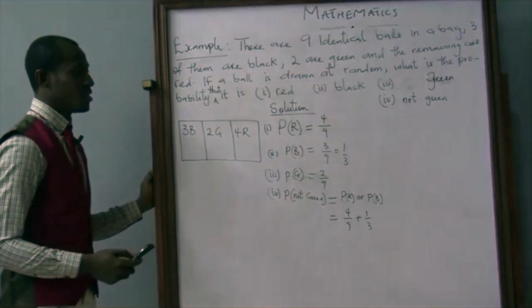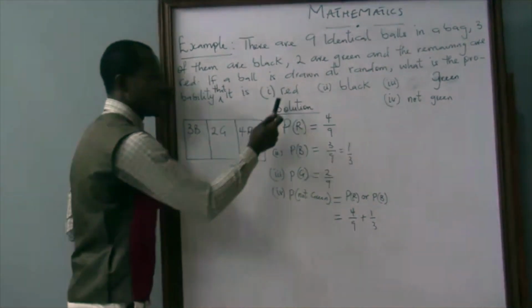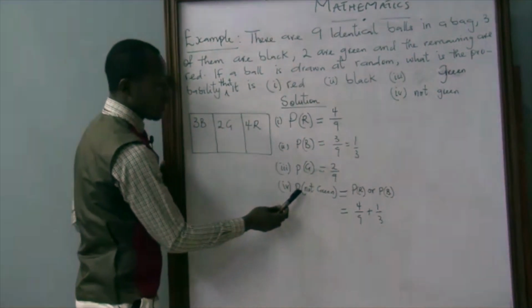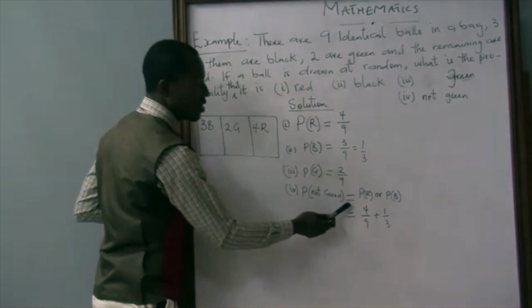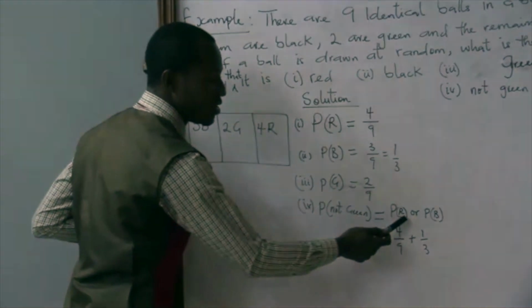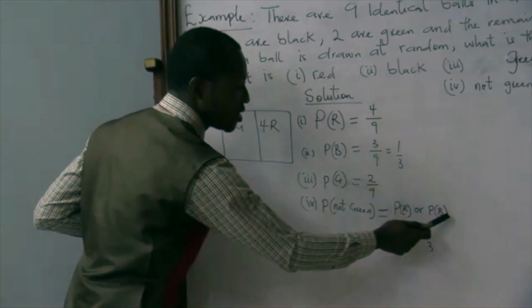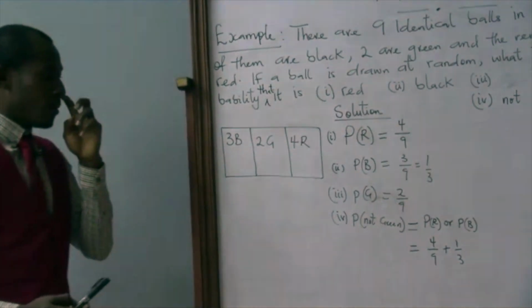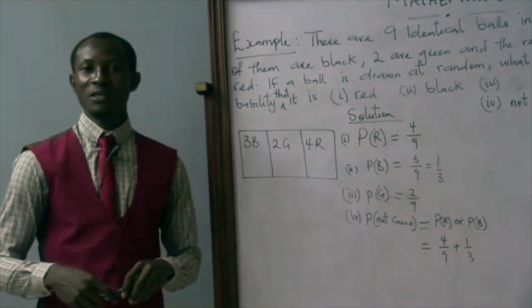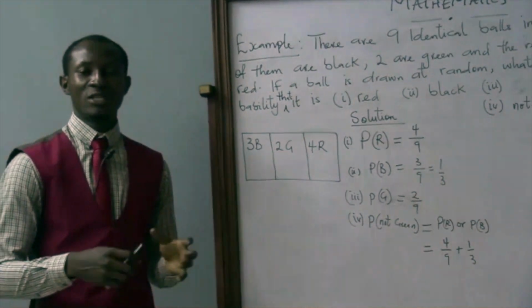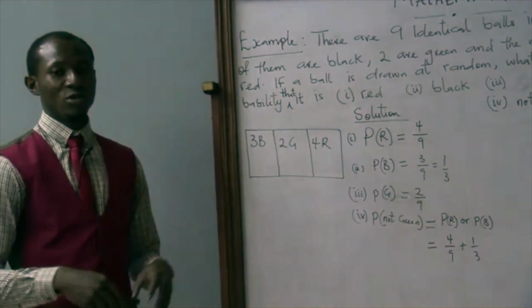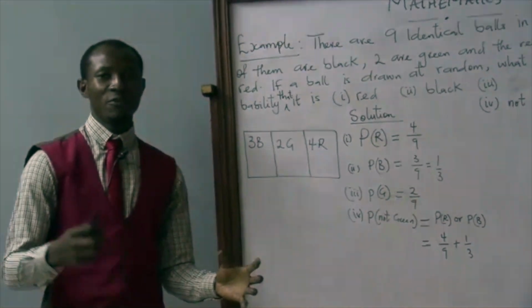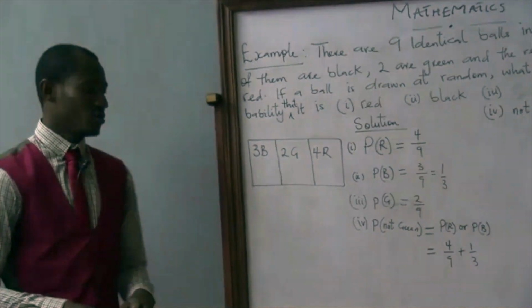Don't forget again, if it is not green, it's either red or black. So the probability of not picking a green ball is the probability of picking a red ball or the probability of picking a black ball. When they are mutually exclusive, it goes to addition of probability, so we add the probabilities of the two events together.